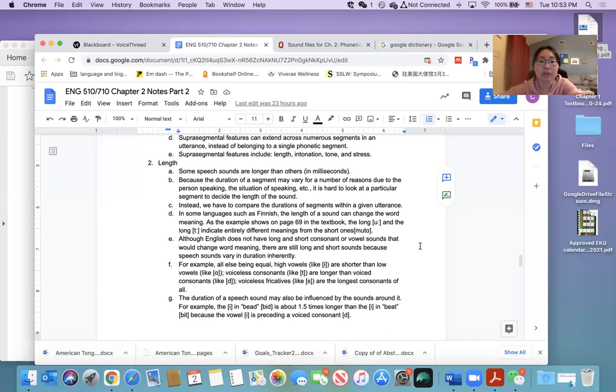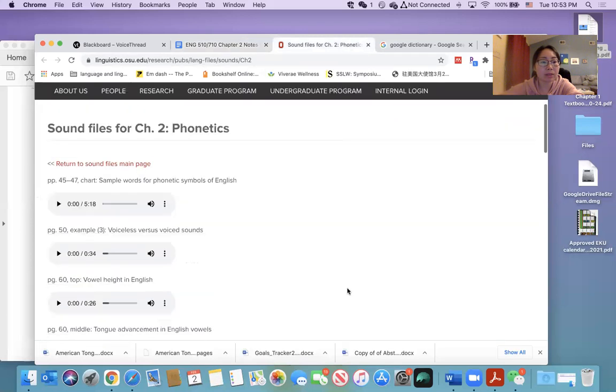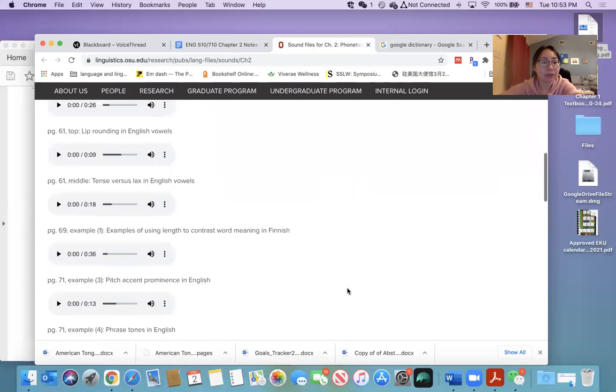In some languages, the length of a sound can change the word meaning. Our example in the textbook on page 69 shows how in Finnish, the different length of a vowel in a word actually produces different meaning. You can hear the sounds in the sound file. Let's take a brief look.